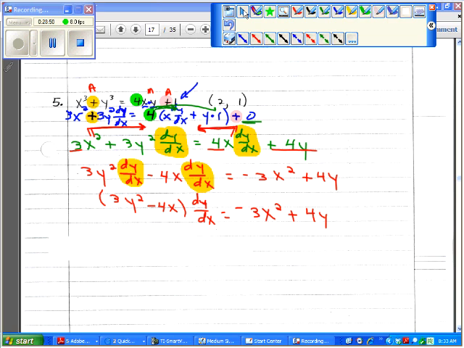So now we can divide off the stuff on our dy dx. So we're going to divide off the 3y squared minus 4x.